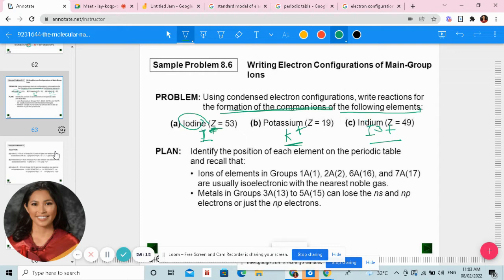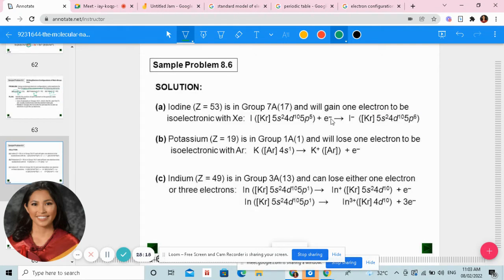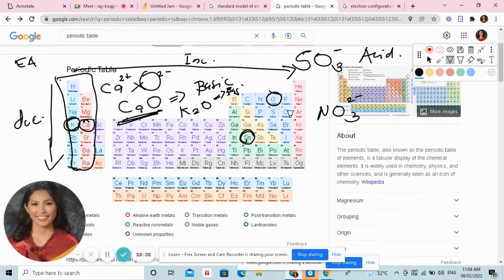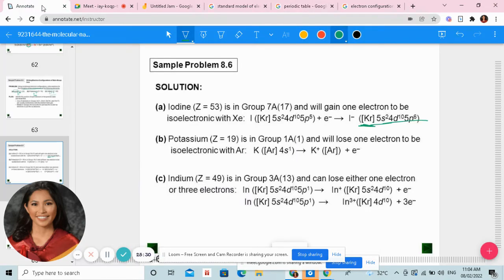Now we are going to write the pseudo noble gas configuration, to become isoelectronic with the noble gas. Iodine is here, so it must gain one electron to become isoelectronic with xenon.